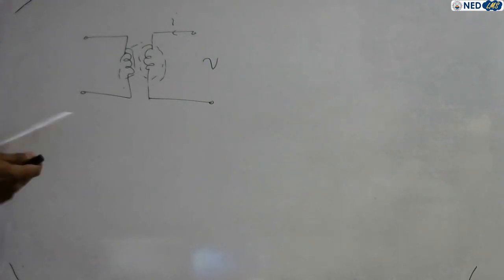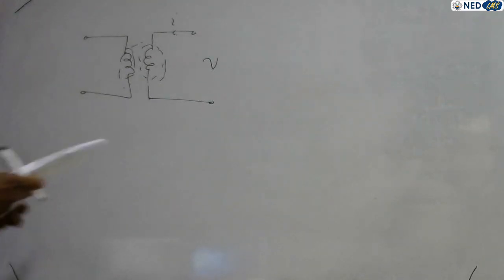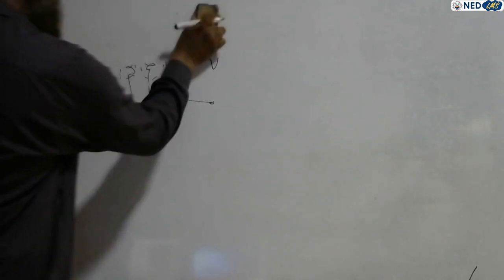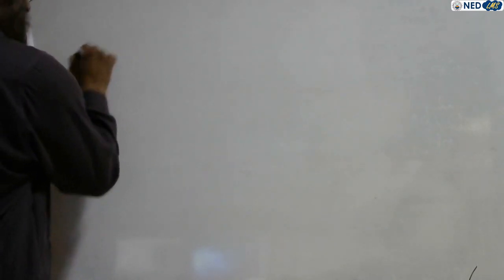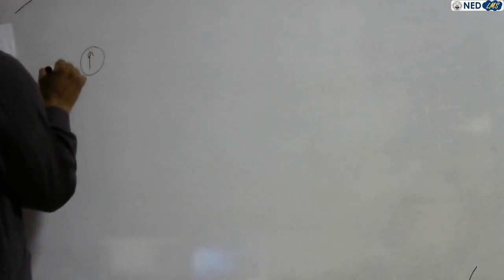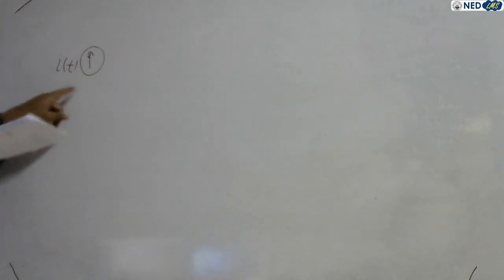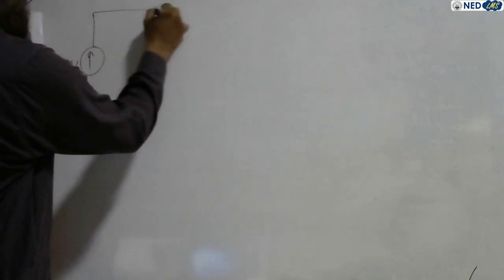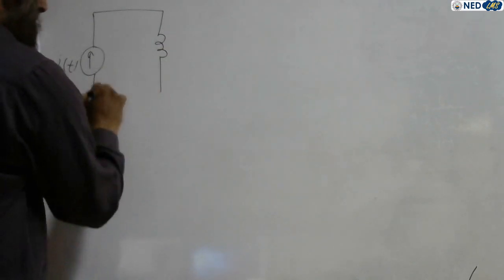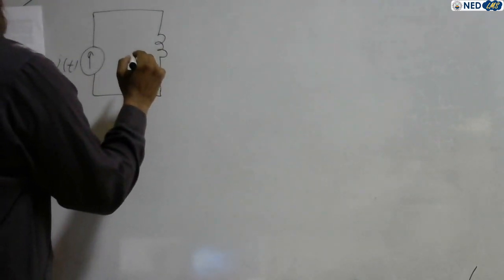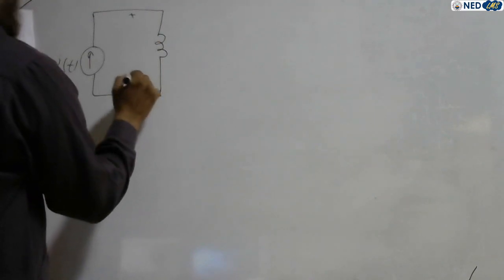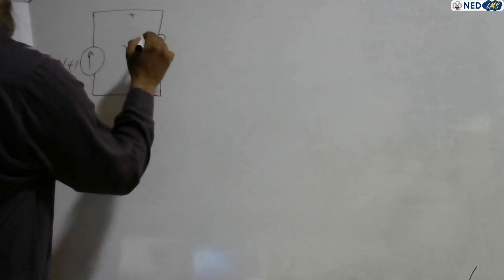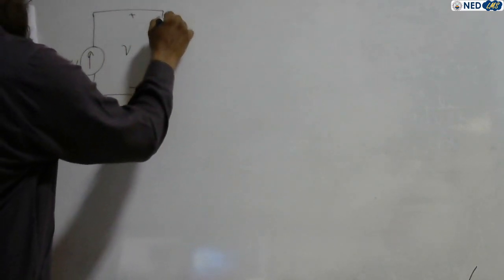So if we draw the circuit and derive a simple equation, instantaneous current I with respect to time flows into a coil, and let's suppose the voltage induced is plus minus V across the coil.